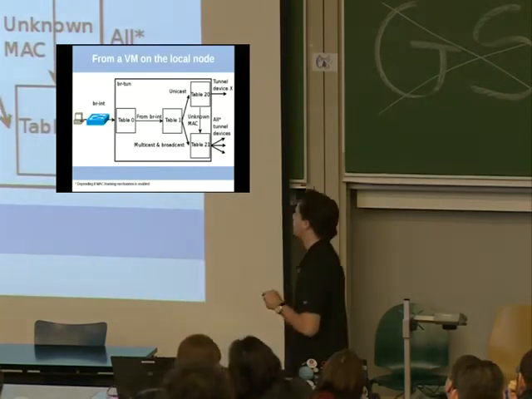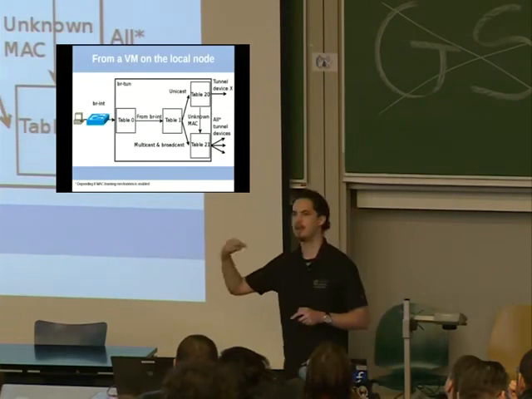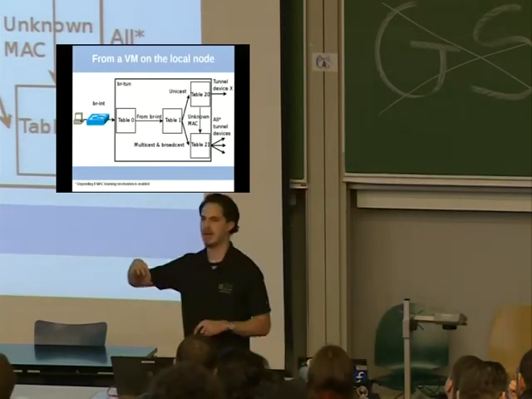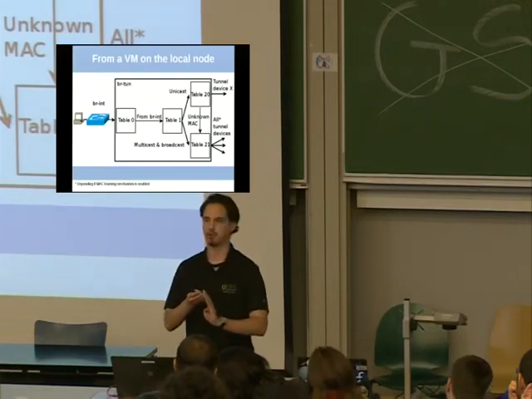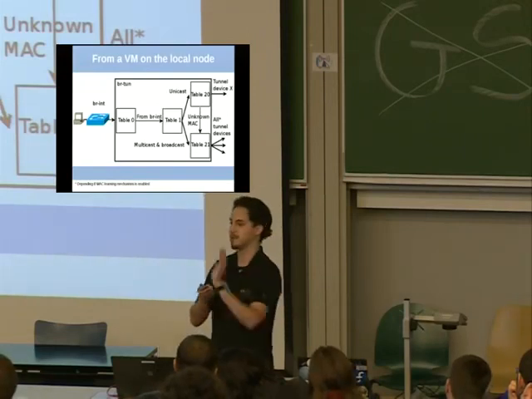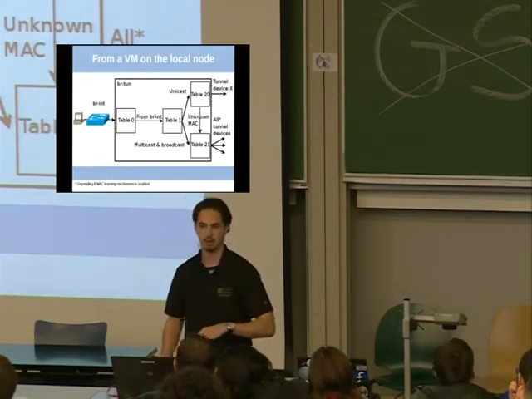Unicast traffic reaches table 20. Table 20 has a bunch of pre-learned flows. This is the unicast table. This table should basically tell me, should I forward this message to the first tunnel, the second tunnel, the third tunnel? What compute node should I be speaking to?